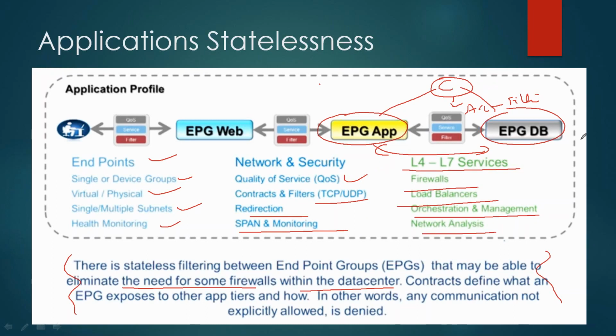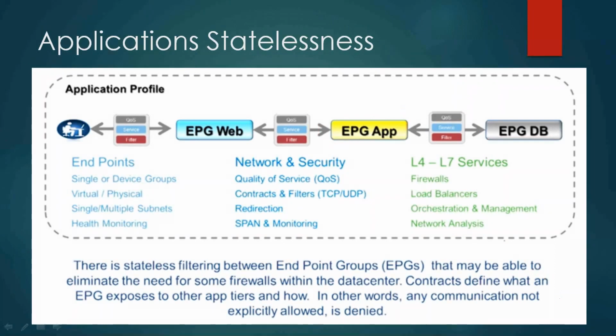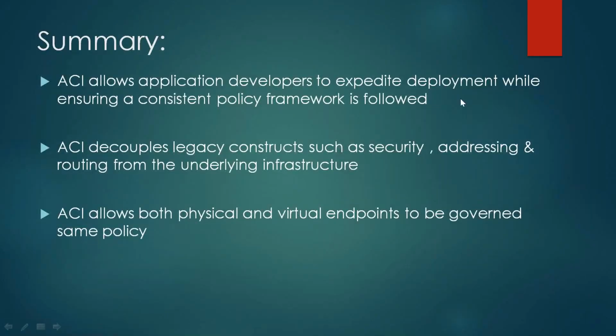Wow, you can see how many features we have. Not only do we have so many features inside ACI, but think also of the ease of use. Feature with respect to how I can use it, how easily I can use it, that's the key we have in the ACI fabric.